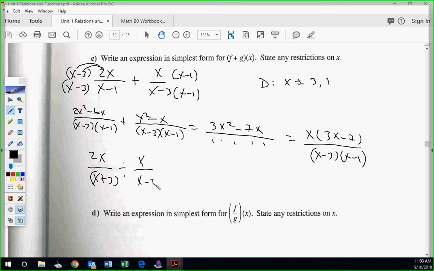So let me say it again. The bottom being 0 is still an issue. The top is still an issue as well, because we can't divide by 0 either. So essentially, your bad spots when you're dividing are here, here, and here. All 3 of those spots can't be 0. Okay? All right, let's do it.